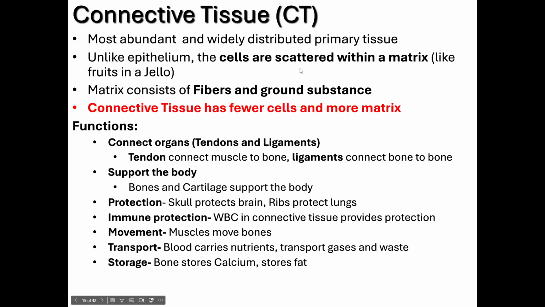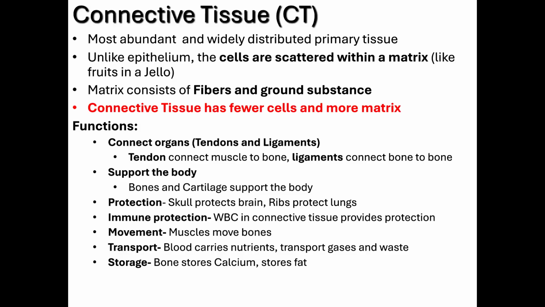So connective tissue means, unlike the epithelial tissue, it is like if you think of jello with some fruits in it, that's what it's like. So there are cells in a matrix. The matrix is what I described as the jello, and the cells are the fruits.